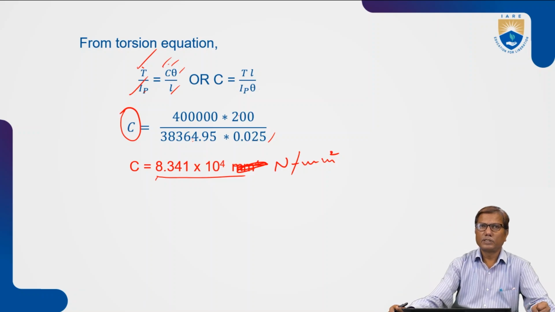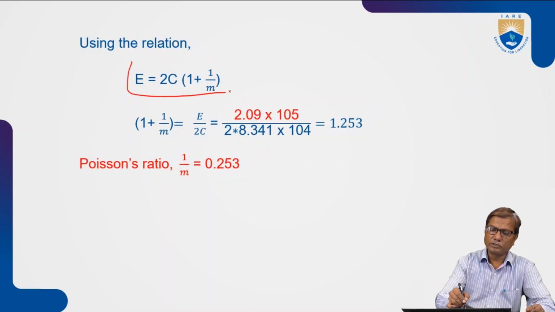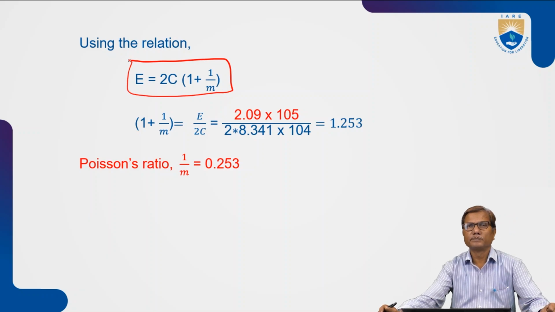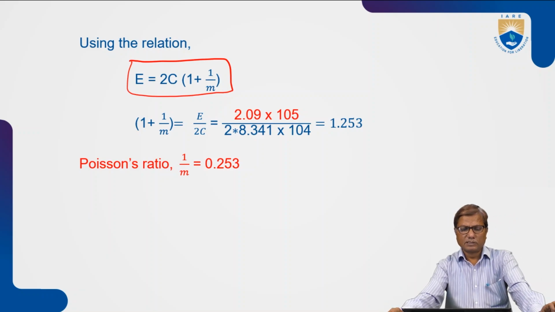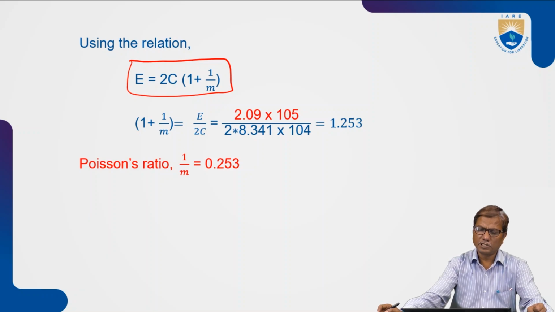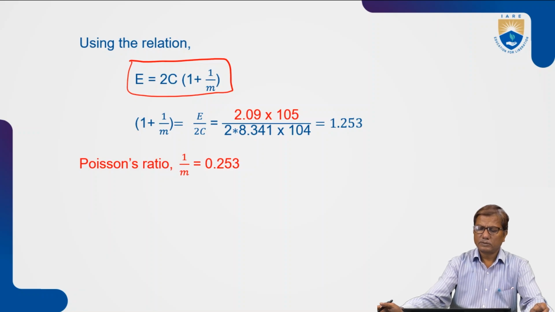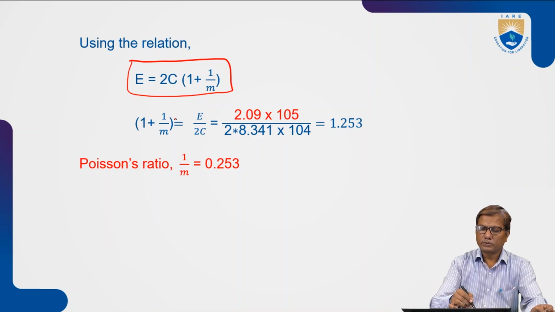Using the relation between these elastic moduli, we find the Poisson's ratio using the relation between E and C. E is equal to 2C into 1 plus 1 by m, where 1 by m is Poisson's ratio. So 1 plus 1 by m is equal to E by 2C.